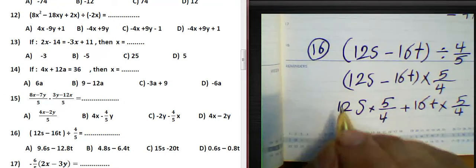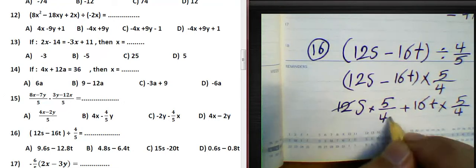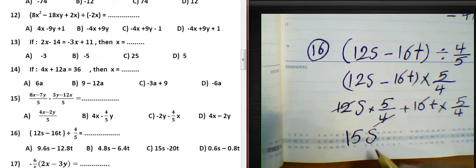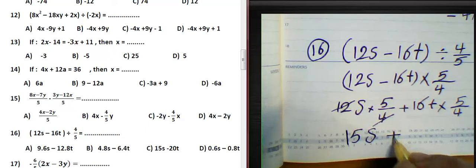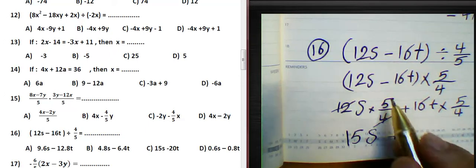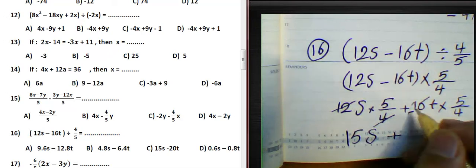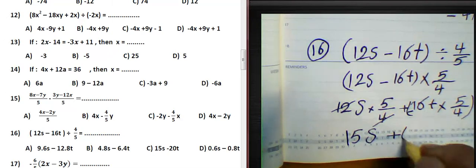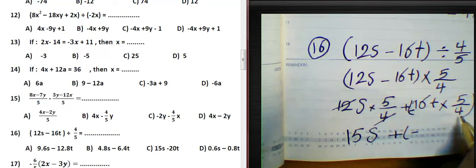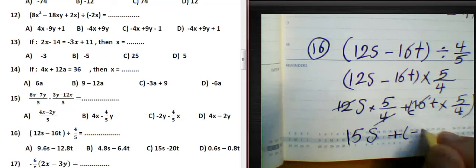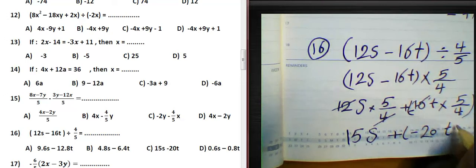We can simplify it: 12 divided by 4 equals 3. 3 times 5 equals 15. So the result will be 15s plus, is it positive or negative? It was negative, plus negative 16t multiply 5 over 4. 16 divided by 4 equals 4. 4 times 5 equals 20t.